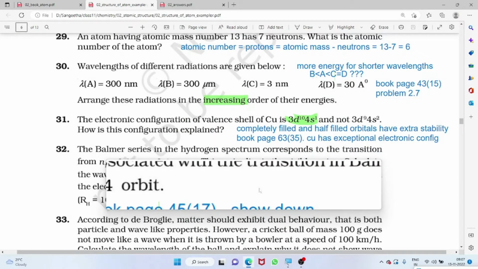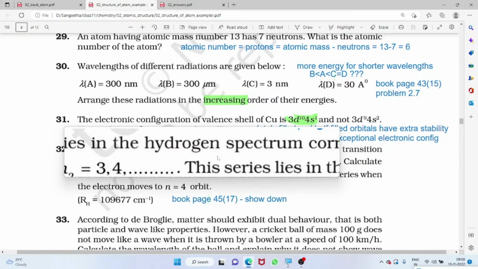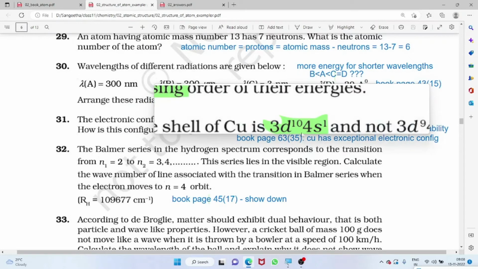Wavelengths of different radiations are given below. Arrange the radiations in increasing order of their energy. In increasing order, the lowest energy comes first. Wavelength is inversely proportional to the energy. So more wavelength means less energy, and increasing order means less energy will come first.